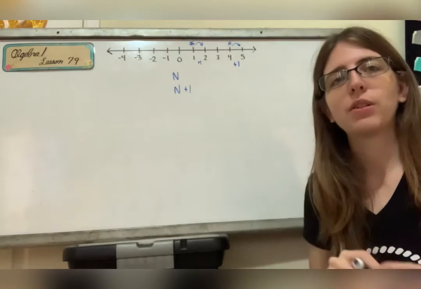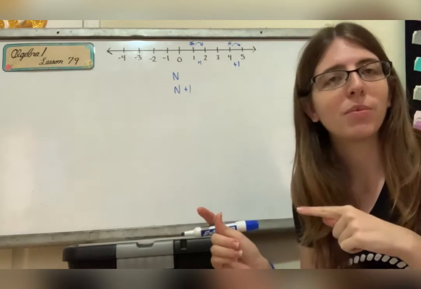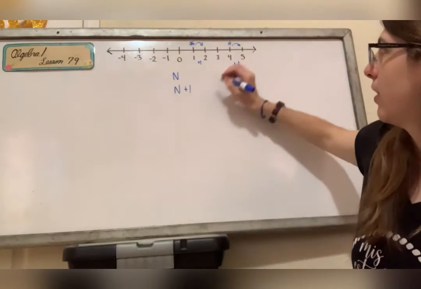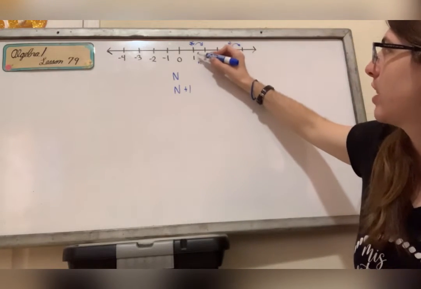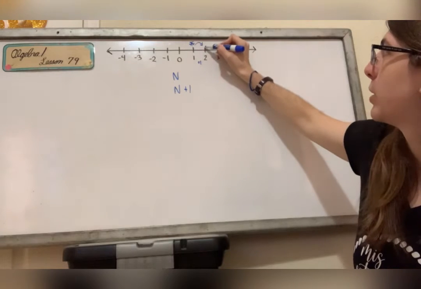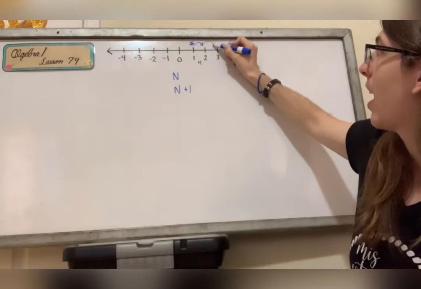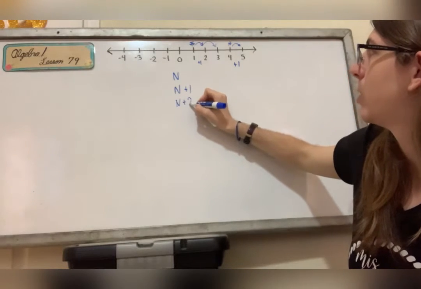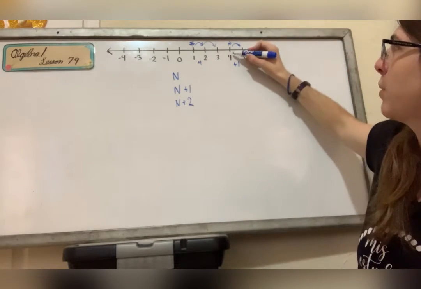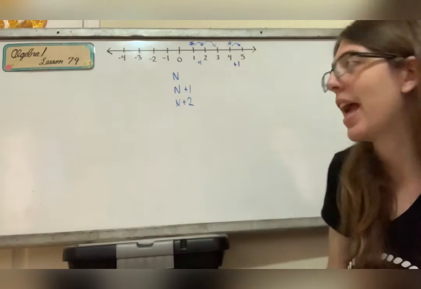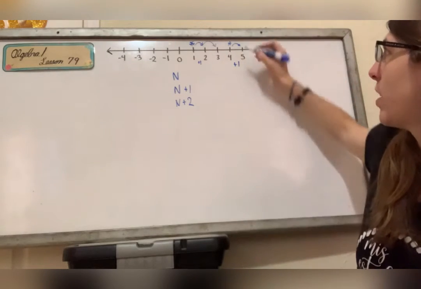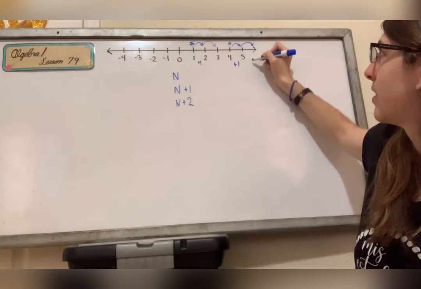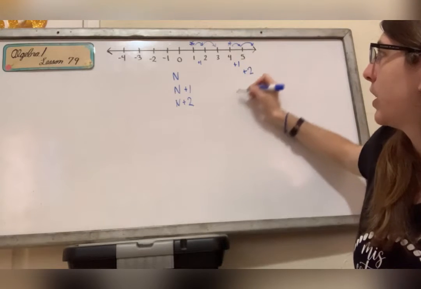So we call numbers that are just one unit away from something a consecutive integer. The next number, if I wanted to know the third number from n, so I have n plus 1, I have another 1. So that would be n plus 2. And we know that it works the same for whatever number would be n, because if I wanted to know what number is 2 away from 4, it would be 5, 6, which is 4 plus 2.